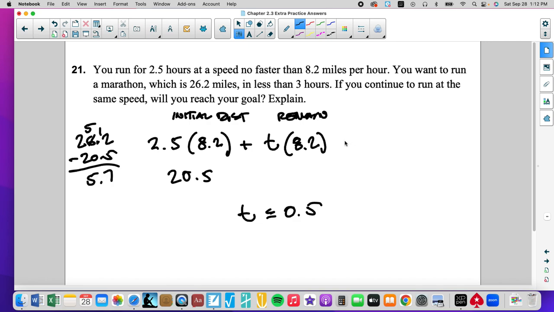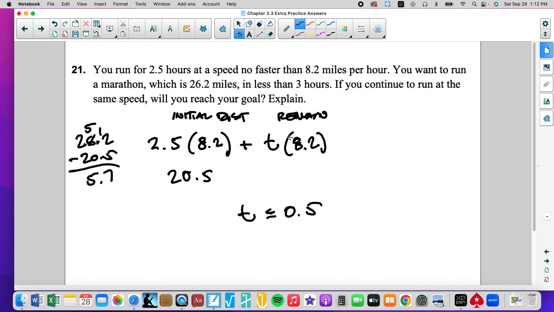Oh, so, right, this is a weird one setting it up. I mean, I understand the problem, I understand all the info. I just don't know, run at that same speed. Will you reach your goal?